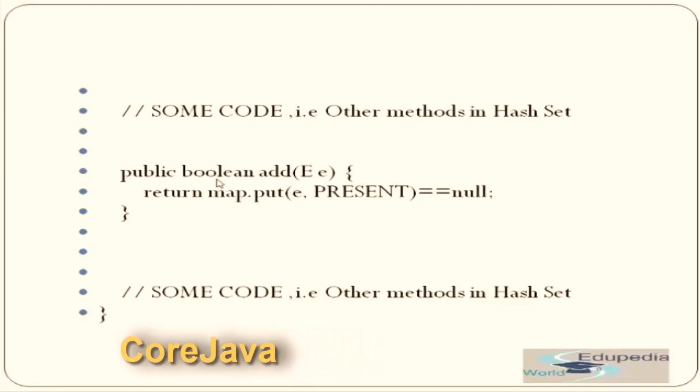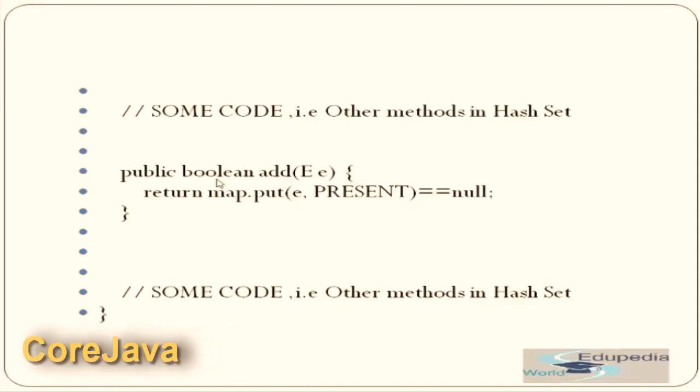Okay, so now this is how your HashSet is implemented in Java code. This is just a dummy representation. There is obviously a detailed representation present in the source code. So after going through this tutorial, I would recommend you to open the source code of HashSet and see the actual implementation yourself. You will find it very similar to what we have studied just now.